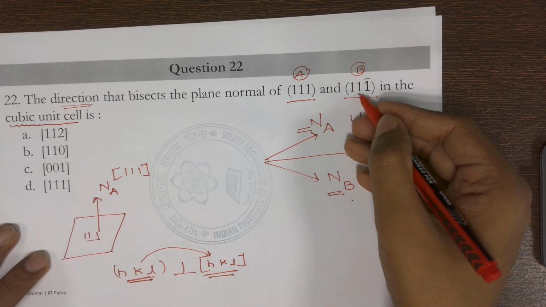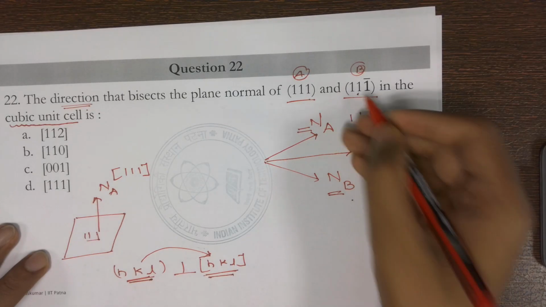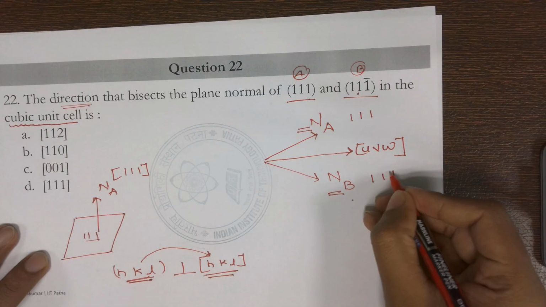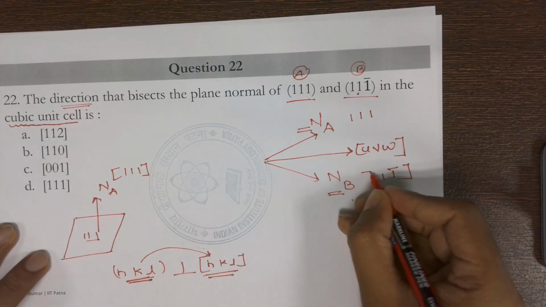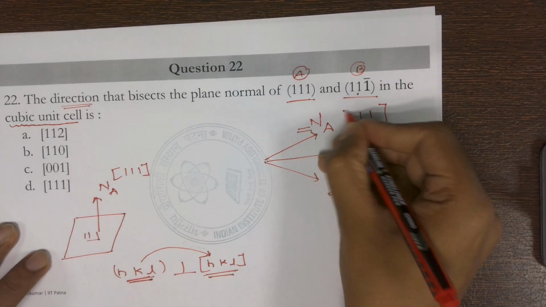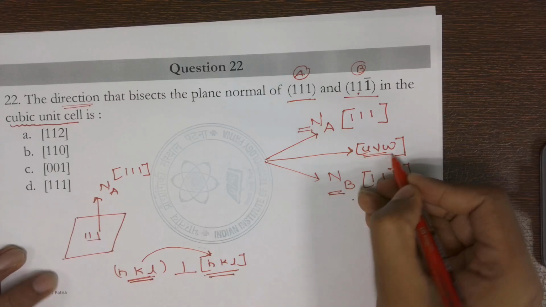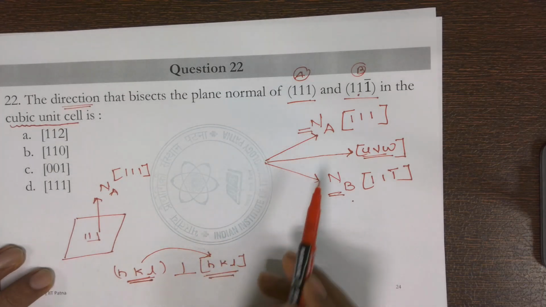B direction, again the same thing. The normal to this particular plane will have the direction of the plane itself, 1, 1, 1 bar. Now what we need to do? We need to find this bisector. The bisector will be exactly in between them.